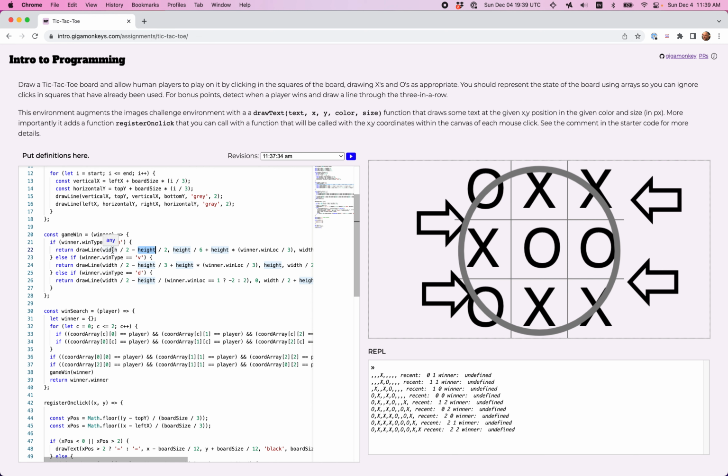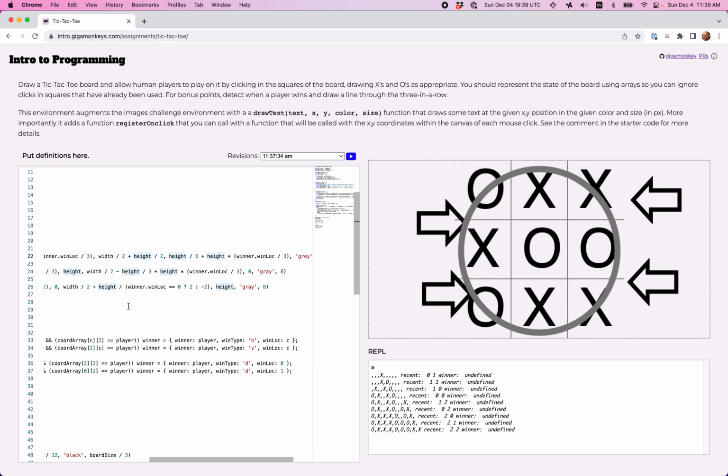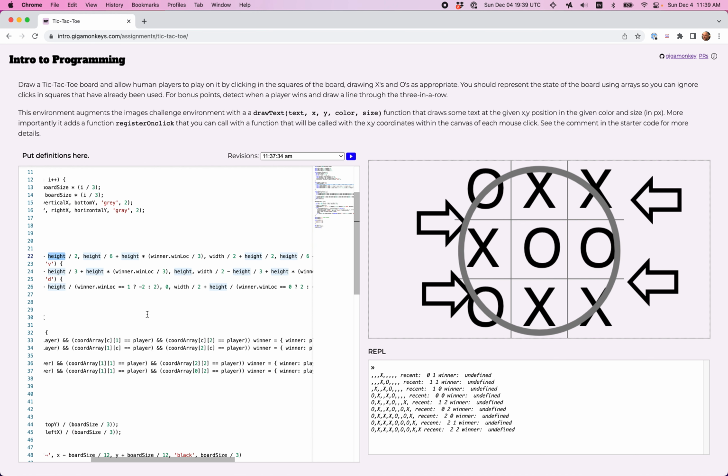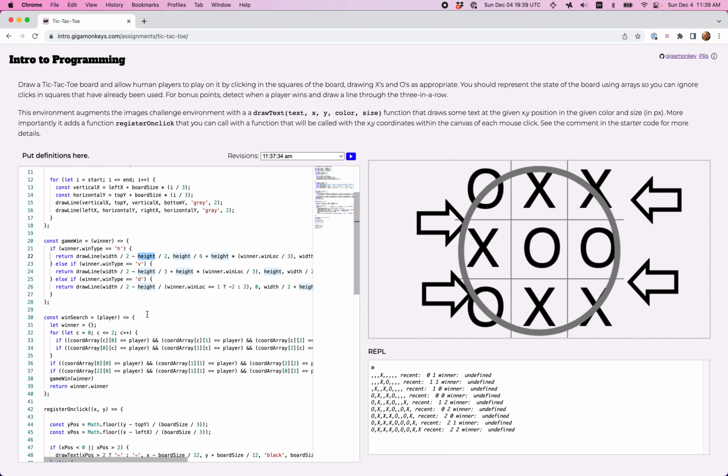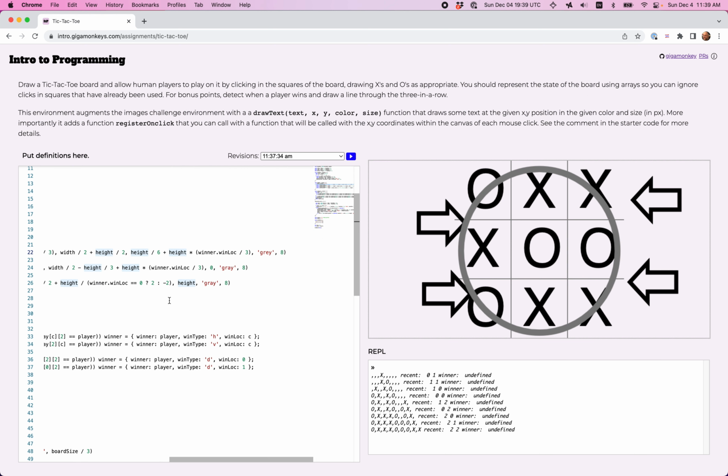All right. So this width and height are probably fine because these are all like the mid. What are we drawing? Oh, I see. I don't know if this is really in relation to the board, but it's got to be in relation to the board.